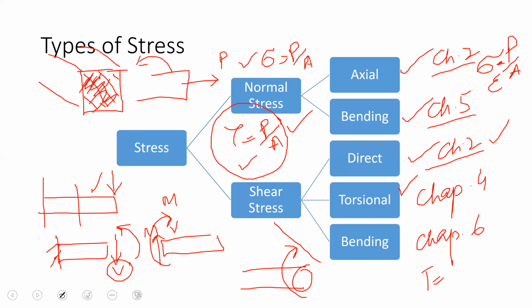And in this particular chapter 6, bending stress, this will be purely because there will be a transverse load, like this one. Whenever there is some bending because of this moment M, there will always be some shear force. And today we are going to discuss this shear force, right?